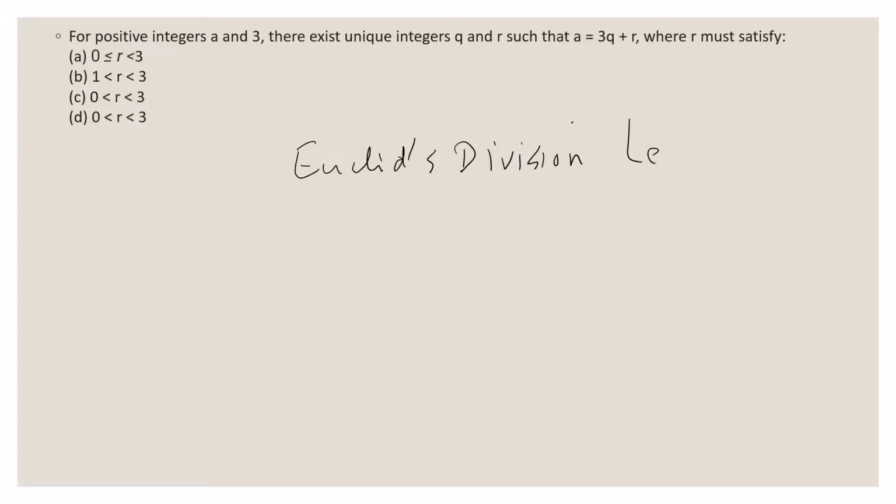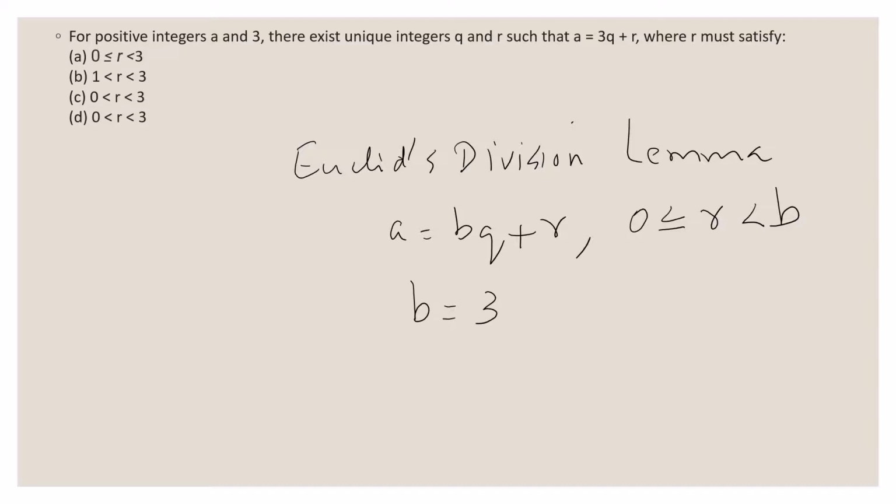According to Euclid's division lemma, for positive integers a and b, there exist unique integers q and r such that a equals bq plus r, and also the condition is 0 less than or equal to r less than b. Look at this question: in place of b you have 3, so definitely our answer will be 0 less than or equal to r less than 3, and that is option A.